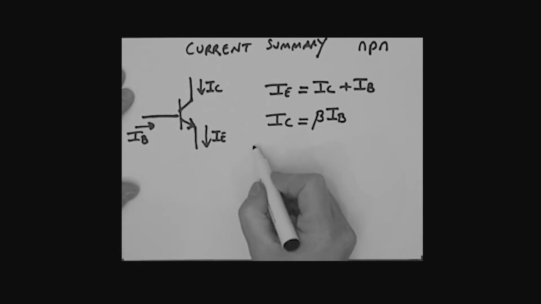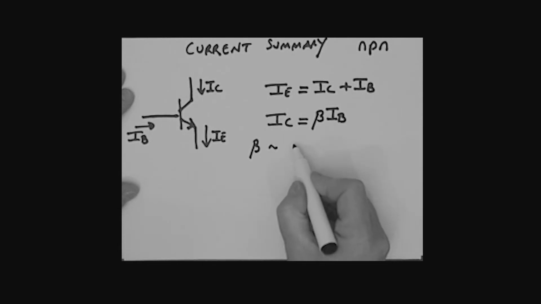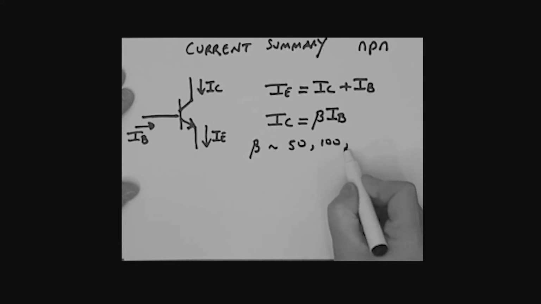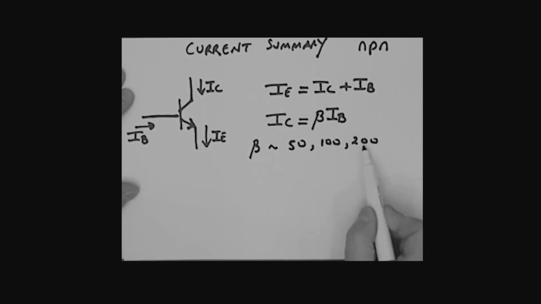Now, typical values for this beta might be betas of 50, betas of 100, betas of 200. A lot of what you do in the lab, for example, you're going to have transistors that have betas somewhere between 100 and 200.